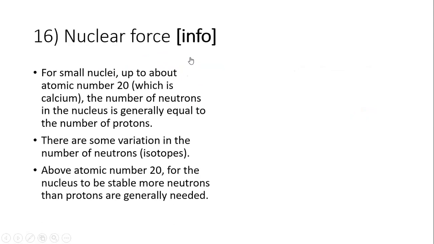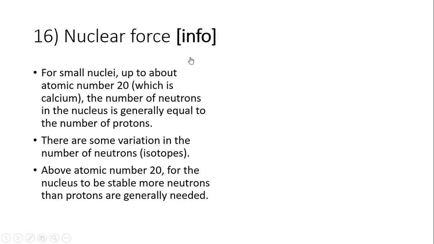Okay, for small nuclei up to about atomic number 20, which is calcium, the number of neutrons in the nucleus is generally equal to the number of protons. So as you add protons, you have to add neutrons. That's why it's roughly equal. There are some variations in the number of neutrons. Some of them you can add extra neutrons and it is still stable. That's called isotope. Above atomic number 20, for the nucleus to be stable, more neutrons than protons are generally needed.